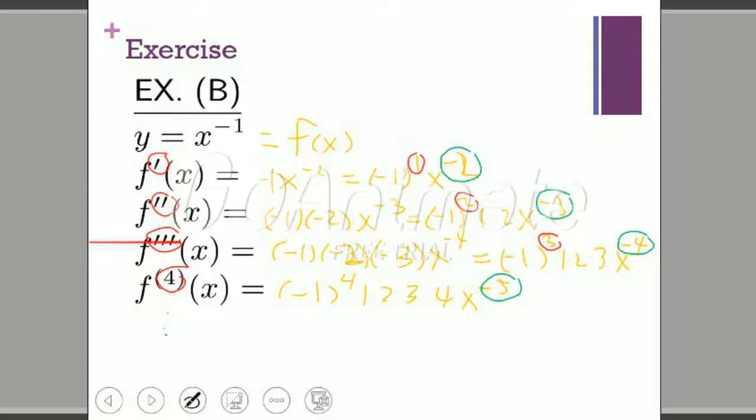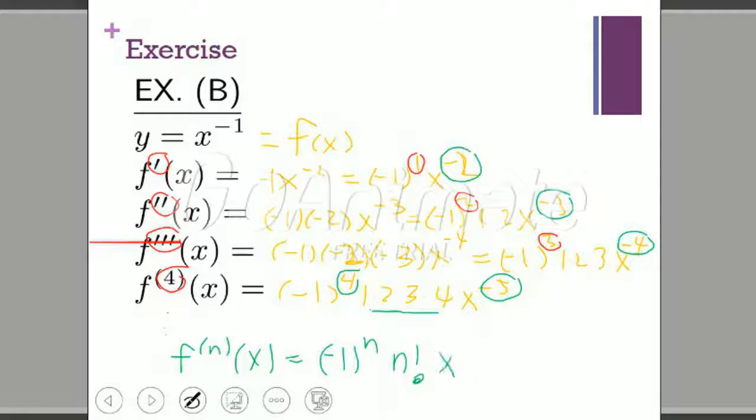So in general, f^(n) of x is equal to minus 1 to the power of the same order of the derivative, which is n, and this product is in fact n factorial.